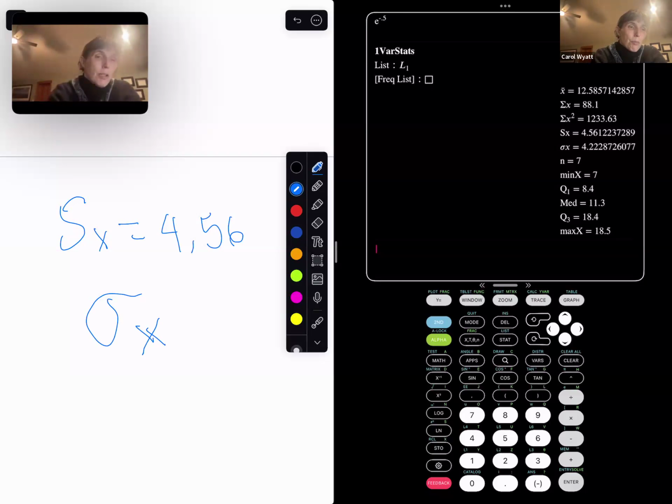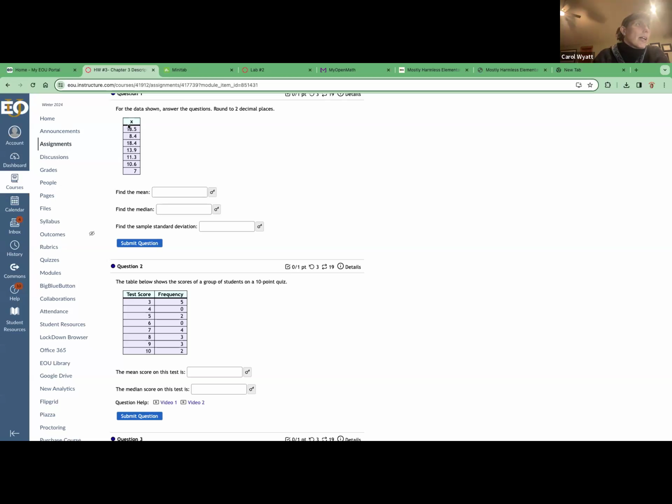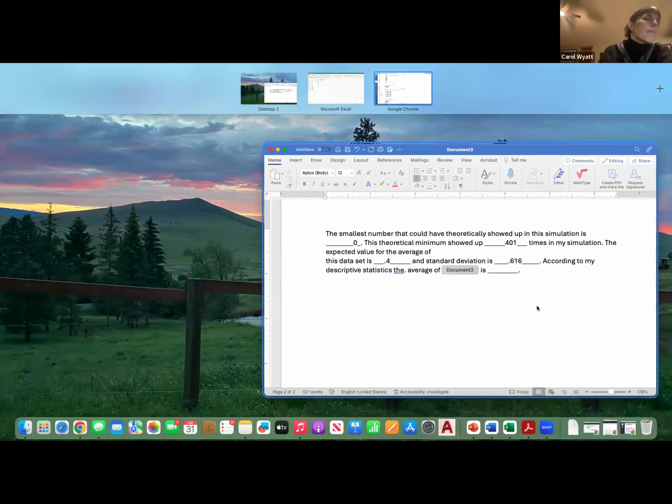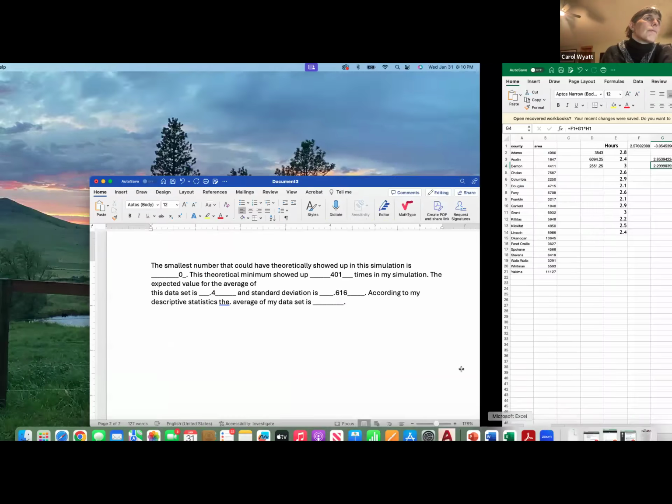If I wanted to do this problem on Excel, which everybody has access to through EOU, Microsoft Office 365, and you can have access to Excel because it's not a mobile device. Here we go.